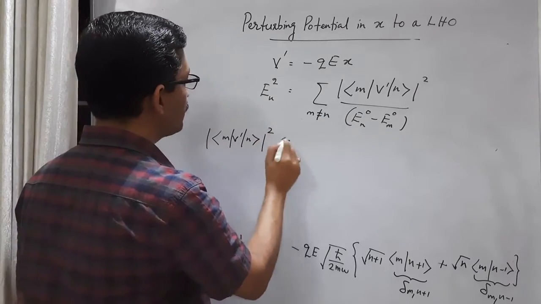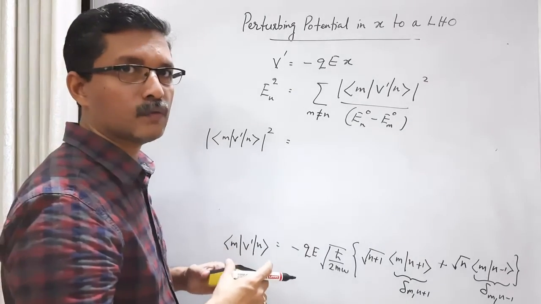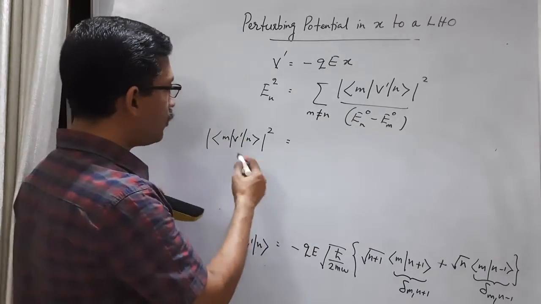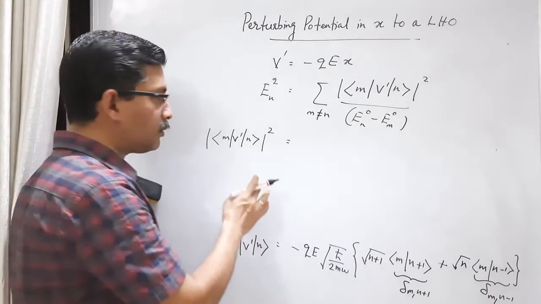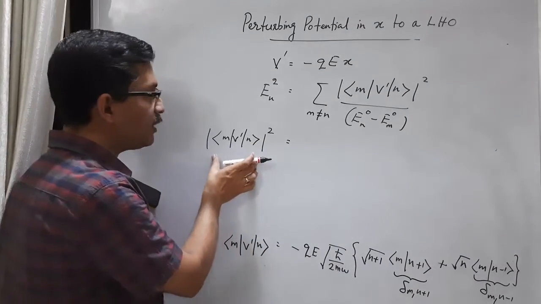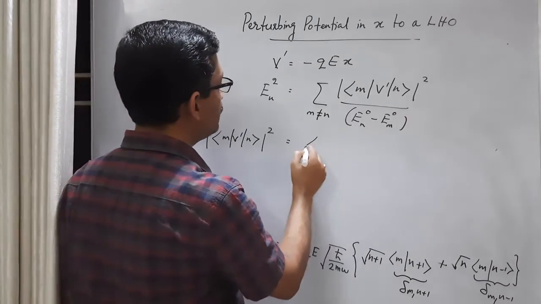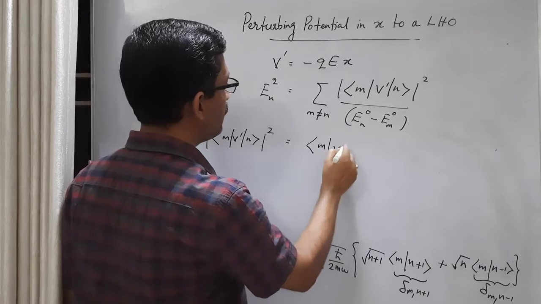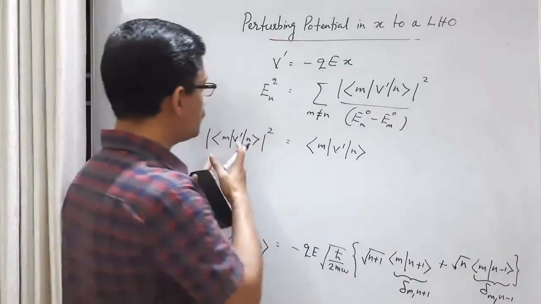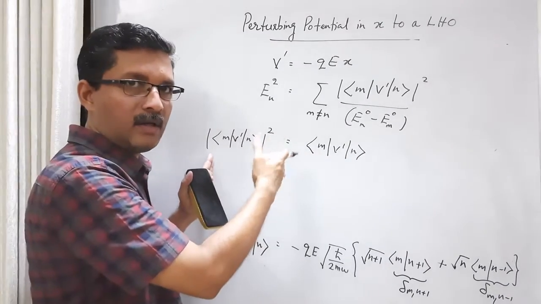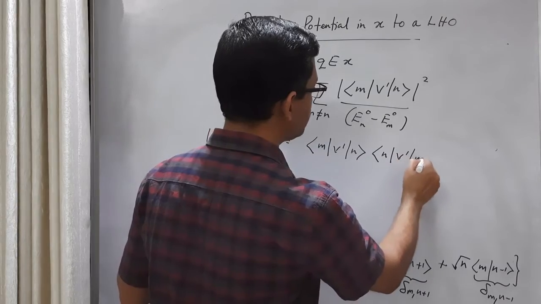Let us consider an elaborate way, and then we will find out a shortcut of writing the result. How do we write m V prime n square? This is m V prime n. How do we take the square of this one? Now this matrix element can be in general complex. So this is simply m V prime n into its complex conjugate. What is the complex conjugate? m V prime n star is nothing but n V prime m.